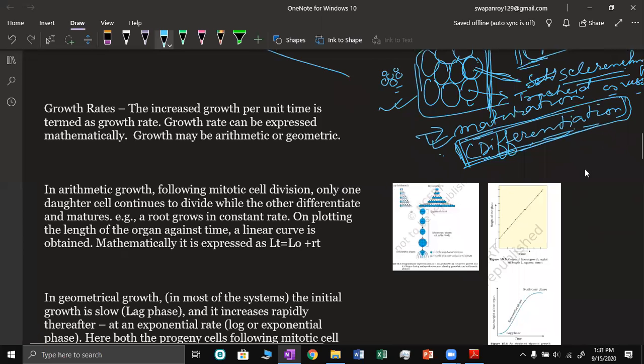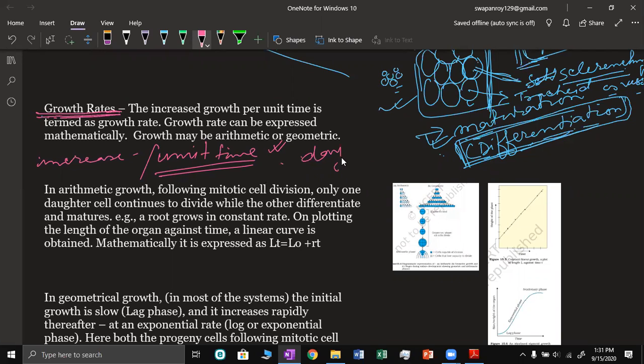Next, let us come to the growth rate. Growth rate means the growth taking place per unit time. Growth is an increase, and this increase per unit time may be calculated per minute, or per hour, or per day, or in the month or year.